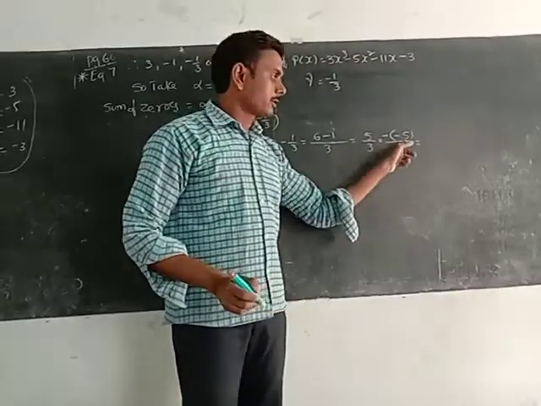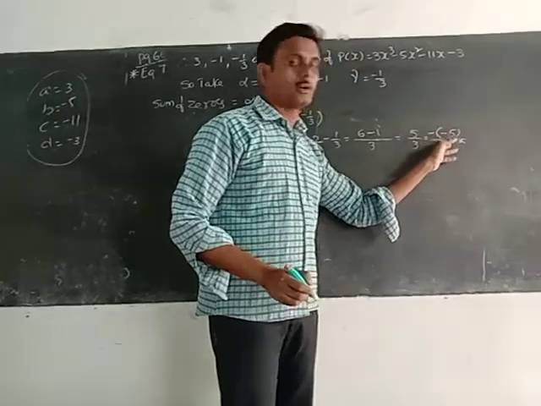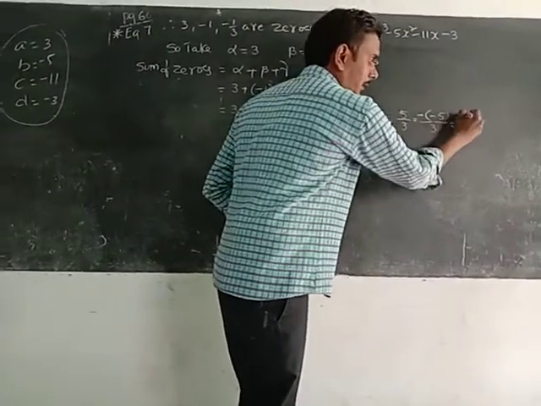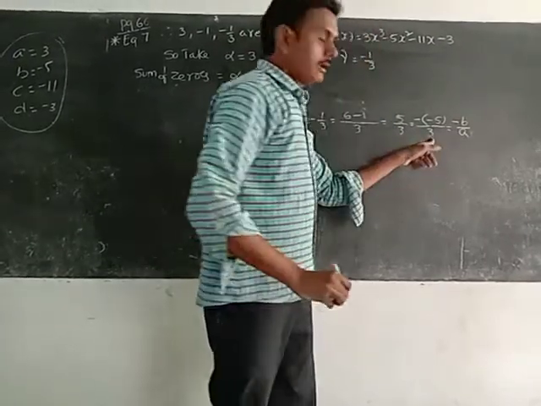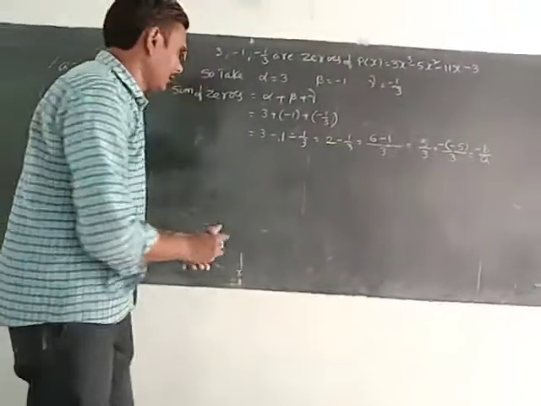But our x square coefficient is minus 5, so we get the form minus b by a, where b is the x square coefficient and a is the x cube coefficient.